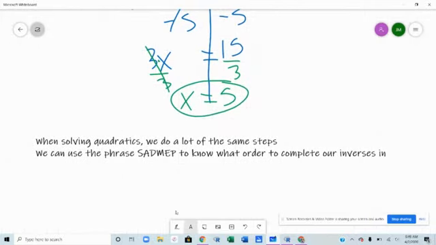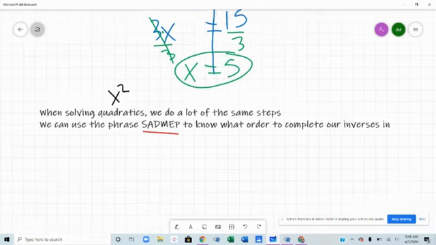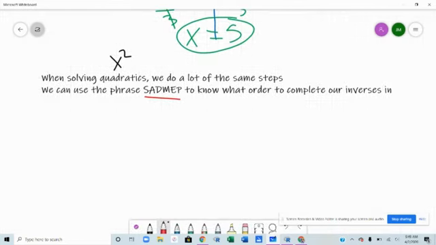When we're solving our quadratics, we're pretty much doing the same steps. Now I want to remind you that a quadratic means x squared is somewhere in your equation. In a quadratic, you have to have a squared, okay? So we do a lot of the same steps, and we can use the phrase SADMEP to know what order to complete our inverses in. I want you to look at SADMEP.